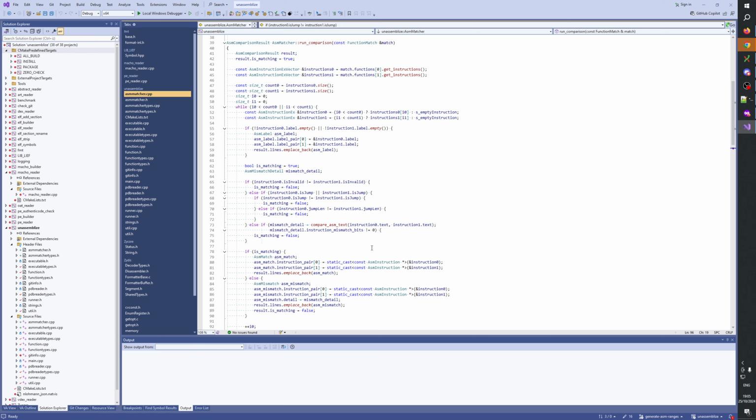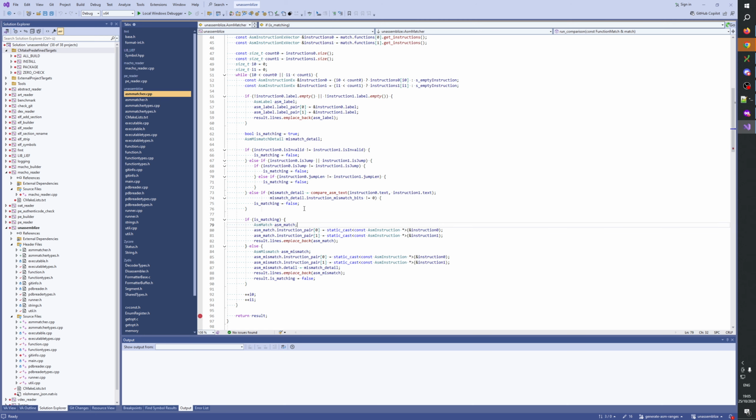All the comparing currently works only for what we have in our simplified instruction.